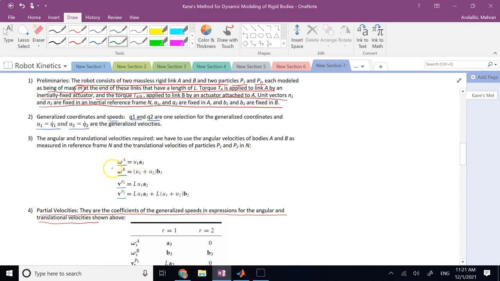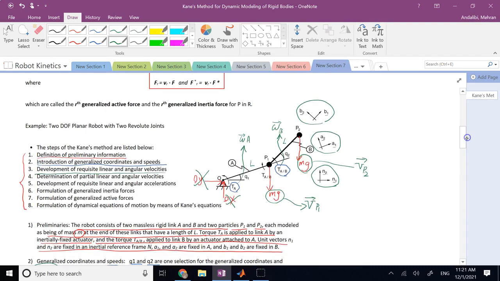Here I can do it based on very simple rigid body kinematics. So omega of block A or link A is definitely u1 times A3. Why? The magnitude of it is u1 because definitely block A is rotating with angular velocity q1 dot, correct? So q1 dot is the same as omega A. And the direction of it is about what axis? It's about A3. Right? Because A is what is attached to this rigid body.